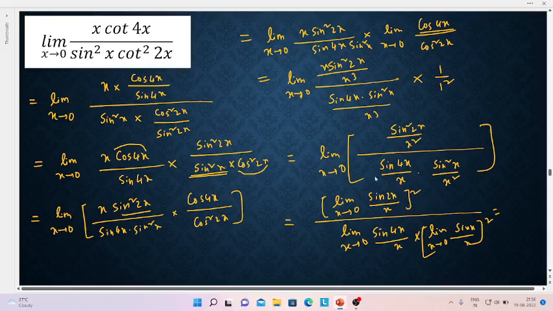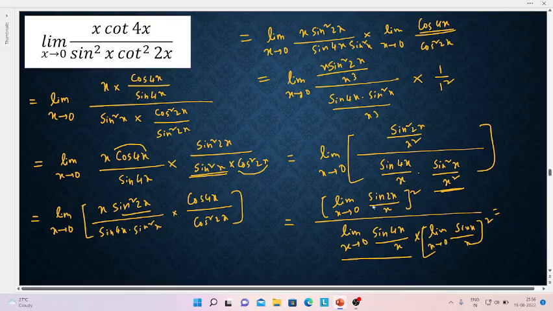Similarly on the denominator we have limit of f(x) times g(x). There are two functions, right? So we can change those functions. After changing, we have limit x tends to 0 sine 4x upon x, and on the right side we have limit x tends to 0 sine square x upon x square, right? So that can be written as limit x tends to 0 sine x upon x, that part whole square, right?